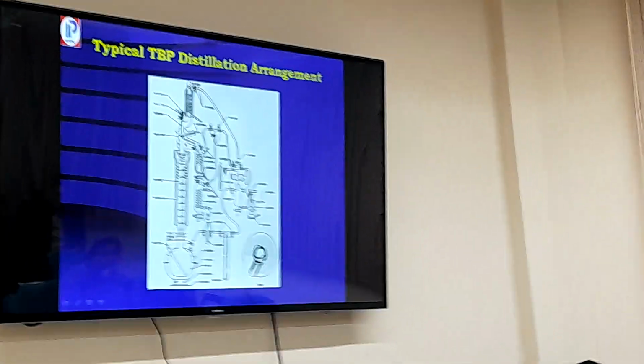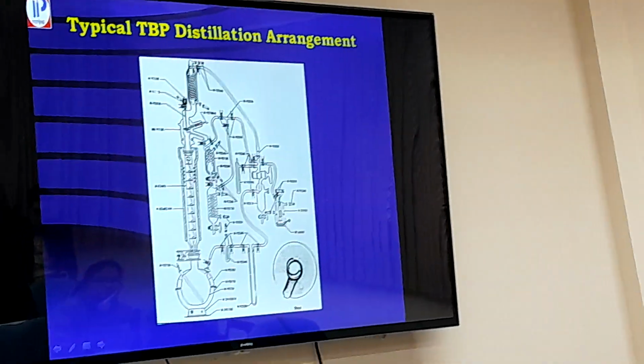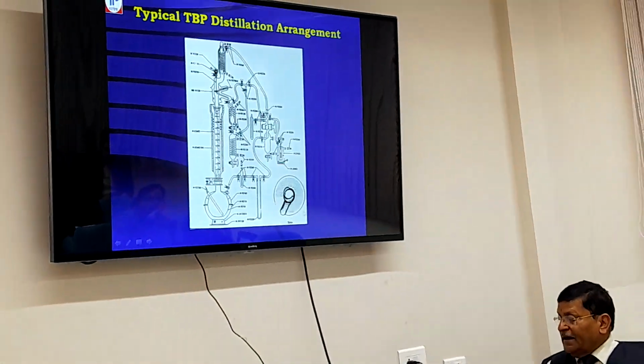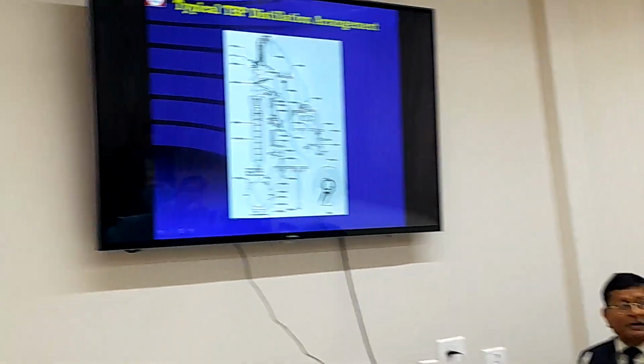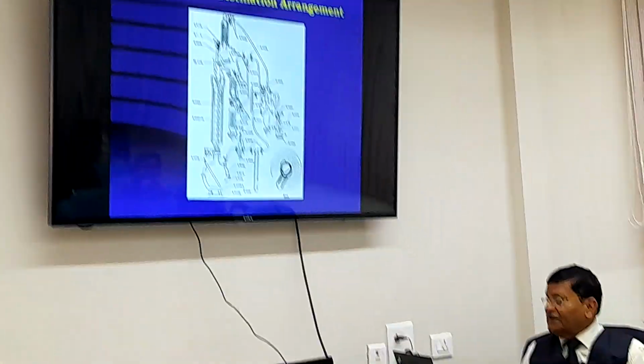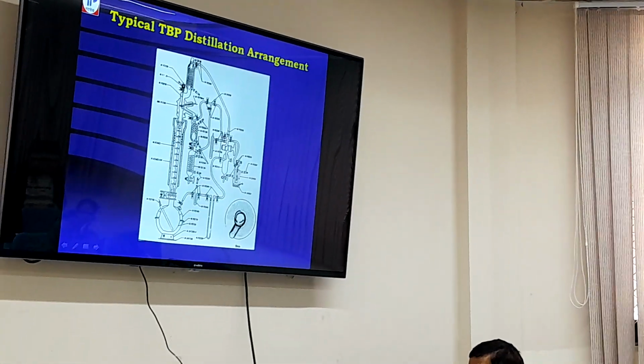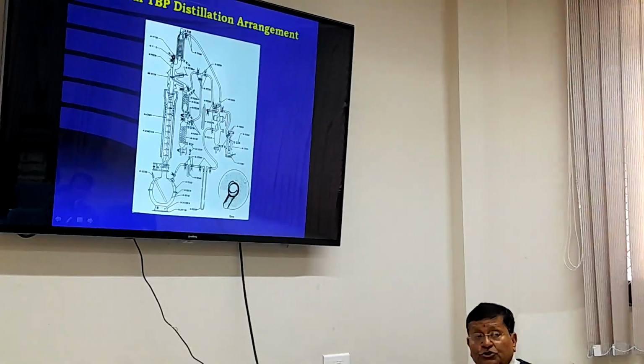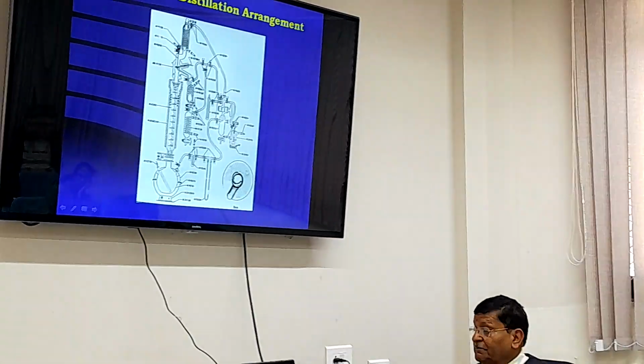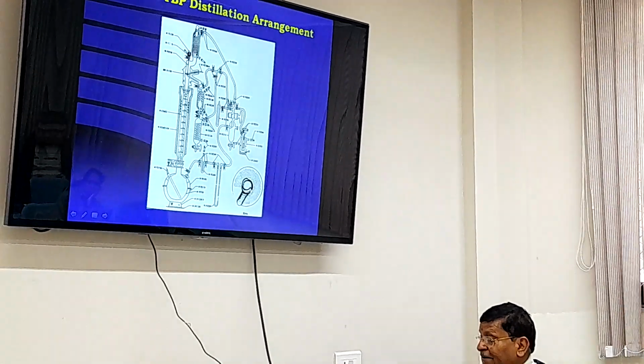Like this, spiral, this is wire gauze spiral. Each plate diameter is 25 mm, 2.5 centimeter. It has 80 holes, and each hole has a diameter of 0.25 mm. Then this is a wire and drain.